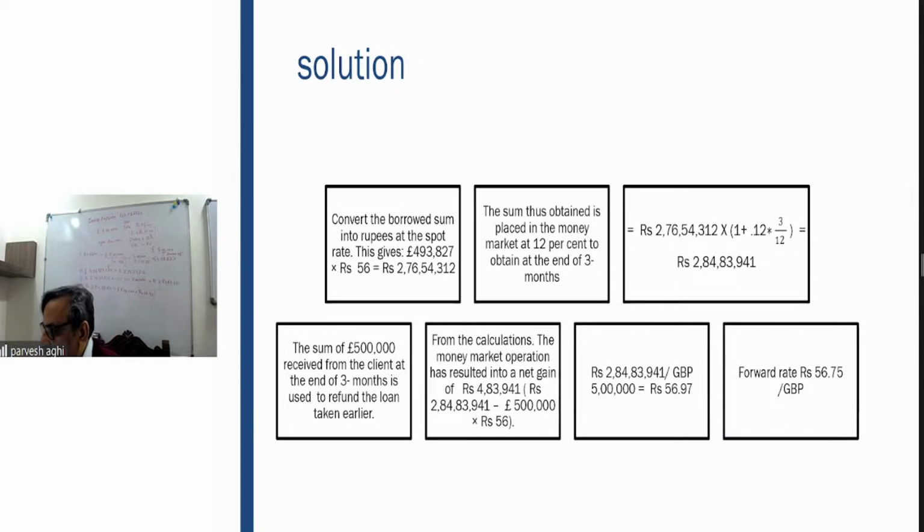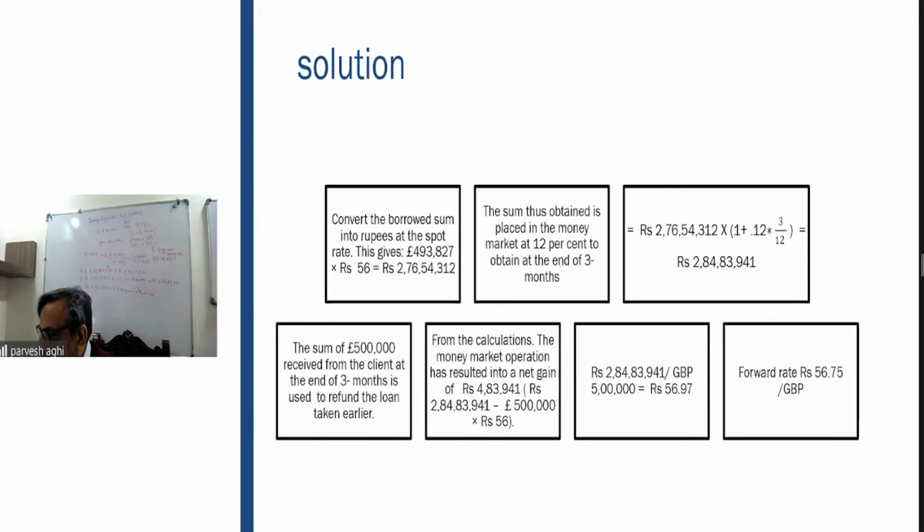So, Tanisha, what you have raised is absolutely right and very important. Tanisha, or anybody, suppose in this question the forward rate was given to you, which is 56.75. Would you go for money market hedge or a forward rate?